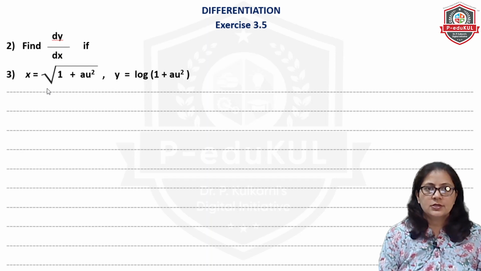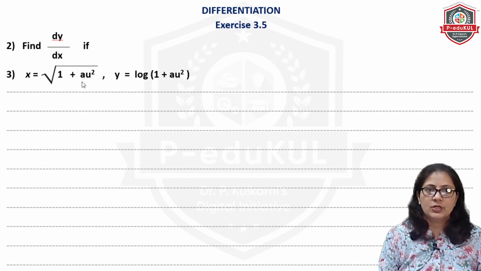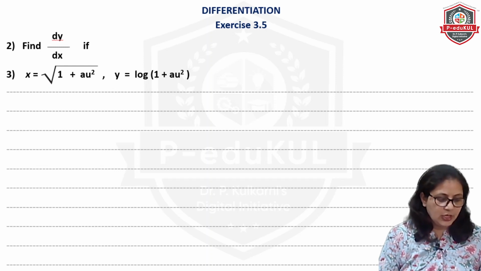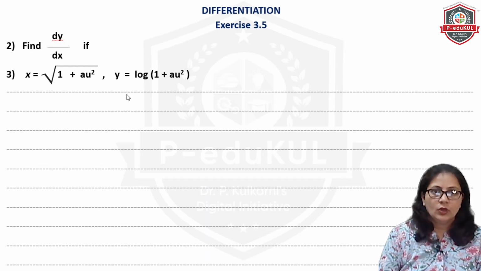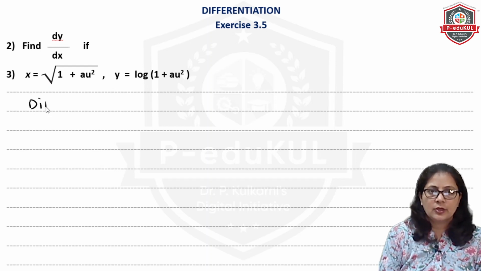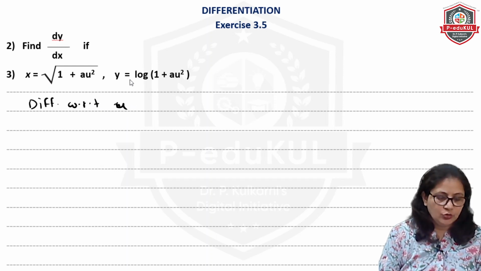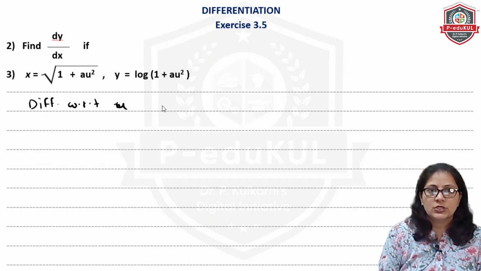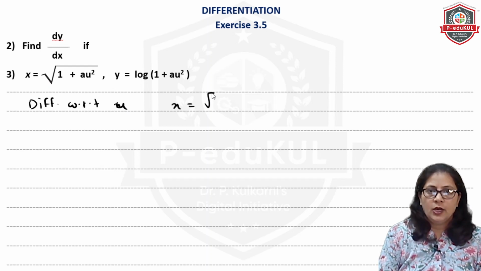Now the next is x is equal to root of 1 plus a u square and y is equal to log of 1 plus a u square. This is a is not there, so we will differentiate this. So differentiate with respect to u. So my first function is under root 1 plus u square.